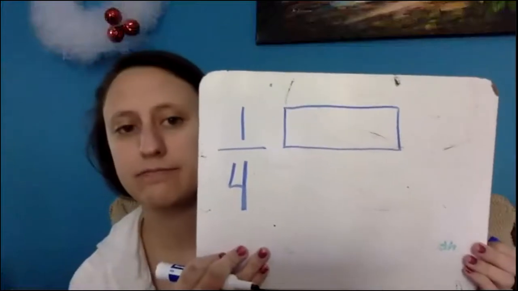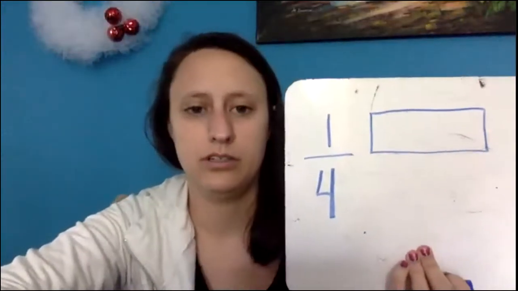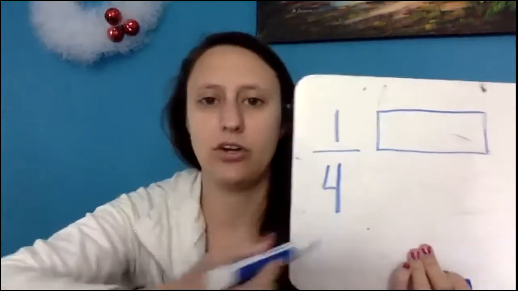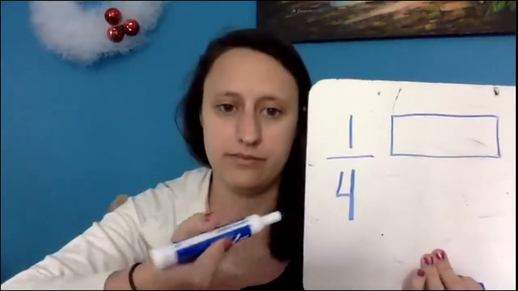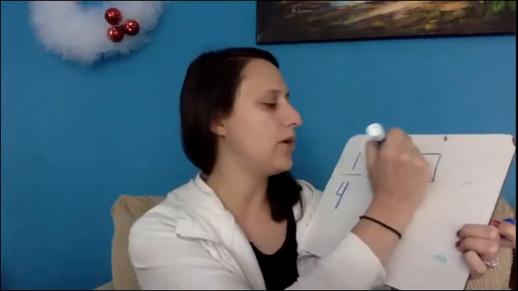So if I had this fraction bar, how many pieces would I divide it into? 4. 4, because our denominator is telling us that's our total number of pieces, right? Okay, so I would divide this into 4 equal parts.